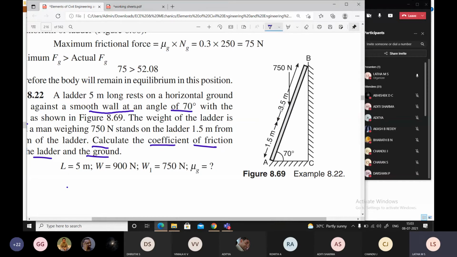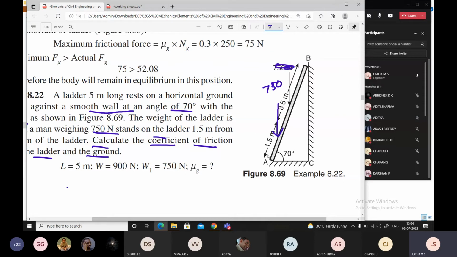It has to be at 1.5 meter, not here. Because in the description they told that 750 Newton stands at 1.5 meter from the ground. So the person is standing here.